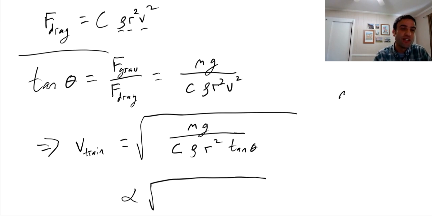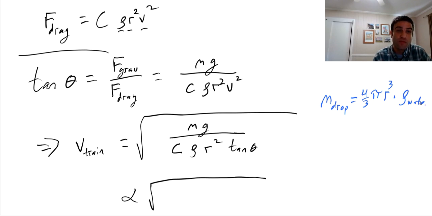If I pretend that the droplet is a sphere, the mass of the droplet is 4/3 times pi times the radius cubed, that's the volume of the droplet, multiplied by the density of the water. Whereas this is the density of air, the mass of the water is the volume of water times the density of water. So I can see that there's 3 powers of r hidden in this mass, and there's 2 powers of r down here.